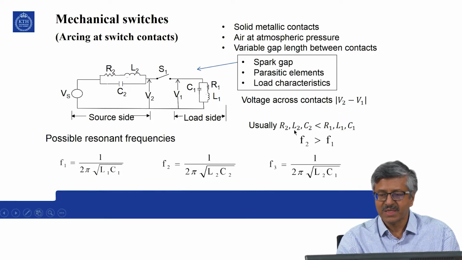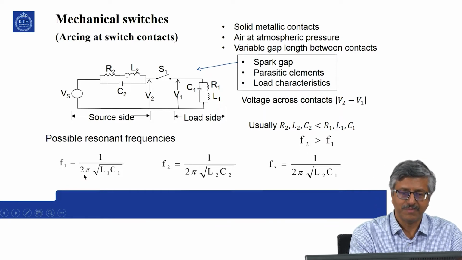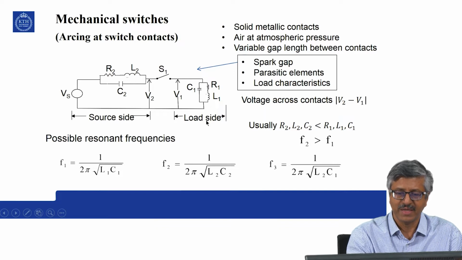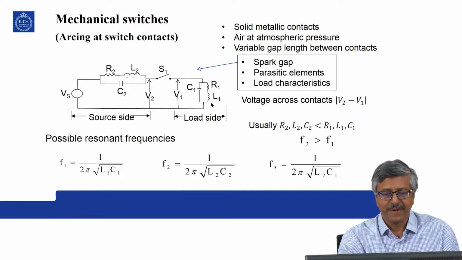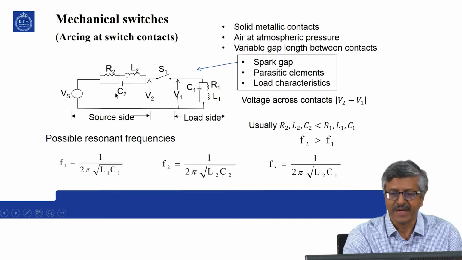So, since source side values are smaller than load side values, F2 is greater than F1. F1 is the load side resonance frequency. So, that will be smaller than the source side.